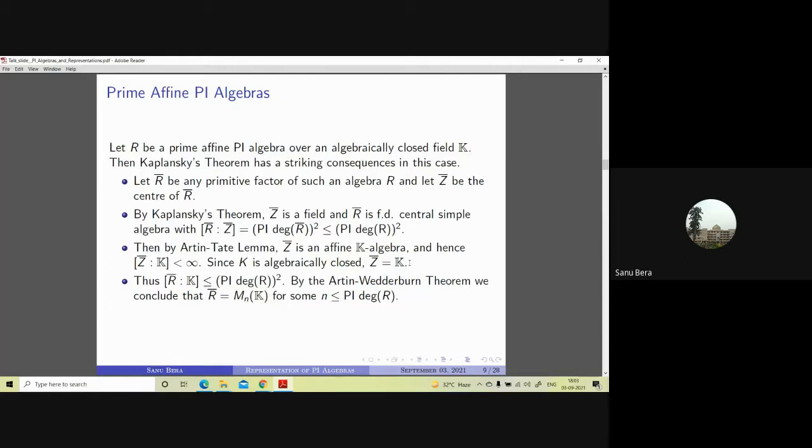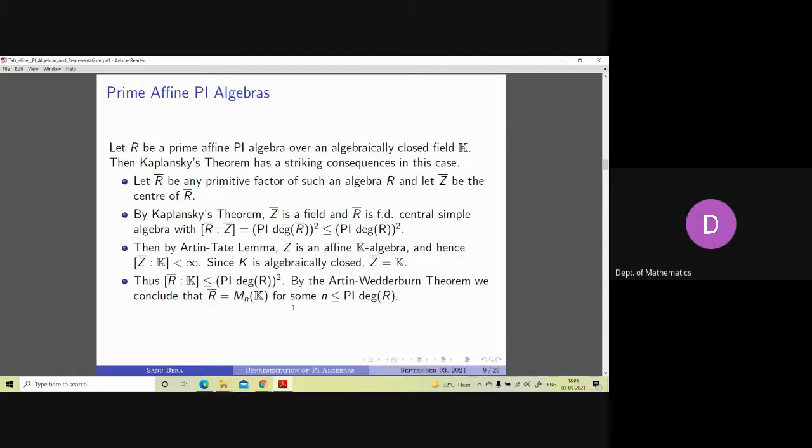And here we again use the Artin-Wedderburn theorem: R bar is a primitive ring that is a finite dimensional central simple algebra, and here the center is K. So that will be the complete n by n matrix ring over K, and n is bounded by pi degree of R because n squared is the dimension of R bar over K.